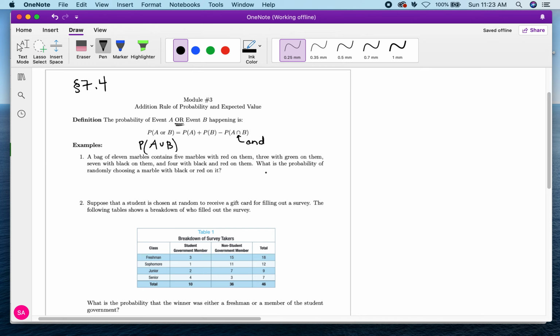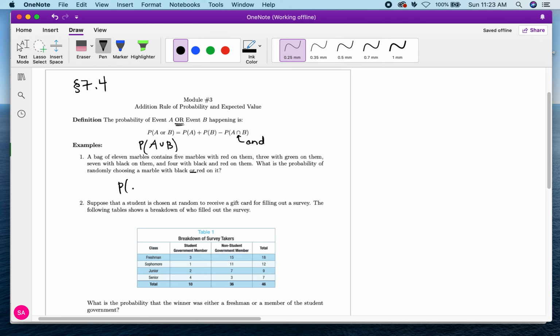So the question is, what is the probability of randomly choosing a marble with black or red on it? Or. So once again, we're trying to figure out what's the likelihood of us pulling out a marble that has either just black, just red, or it could even have both.